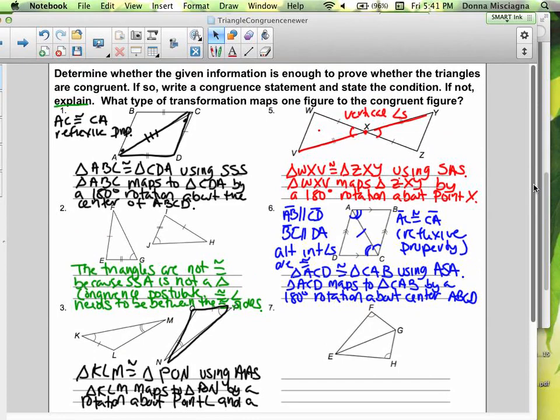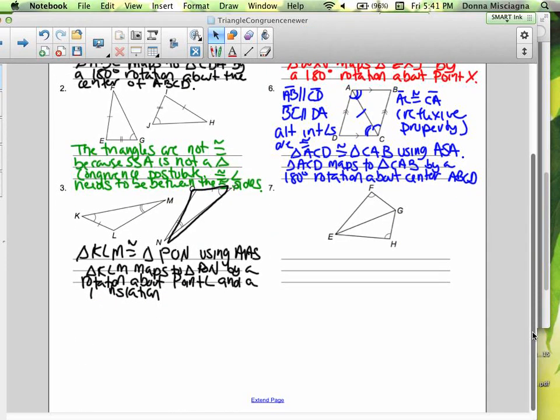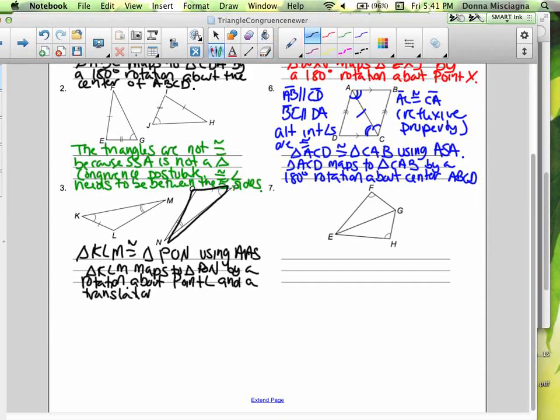And a translation up and to the right. All right, there we go. Squeezed it all in.